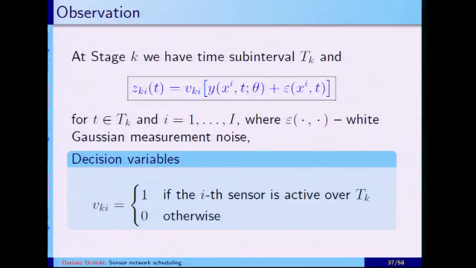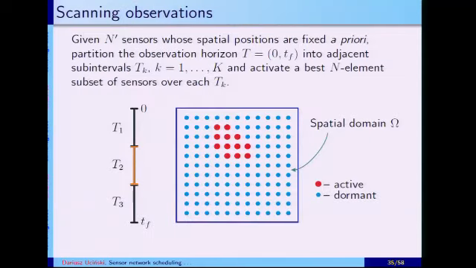At this time, when we have the output equation, this can be written down as follows. Let's remind that we divided the observation horizon into sub-intervals, and each sub-interval is called a stage.